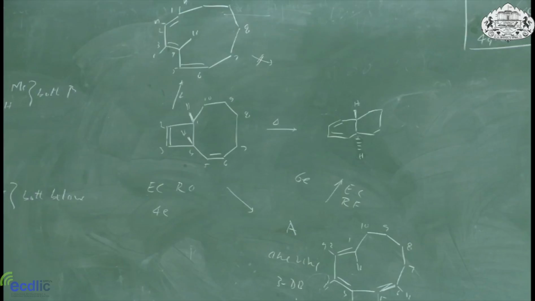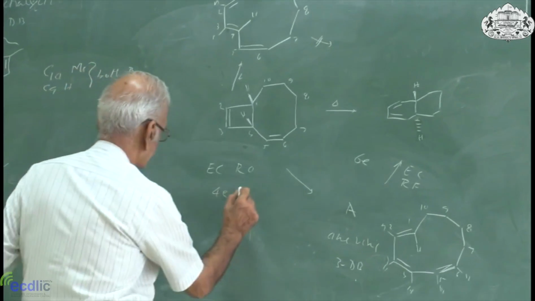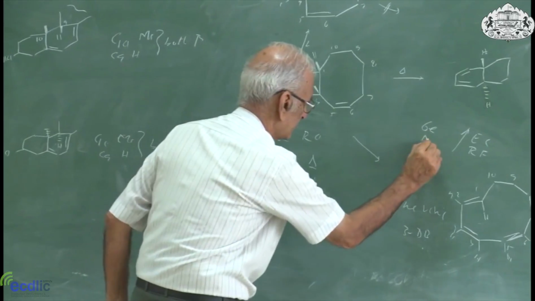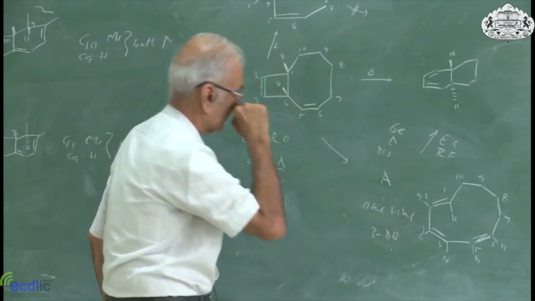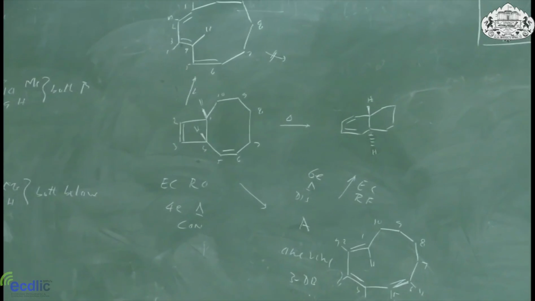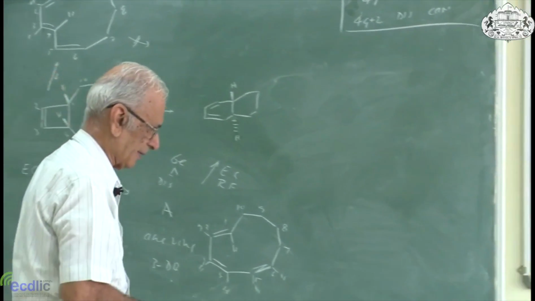Your second reaction is a 6-electron electrocyclic ring forming reaction, which is going to be disrotatory. So that's an interesting example which looks in this fashion. Okay.